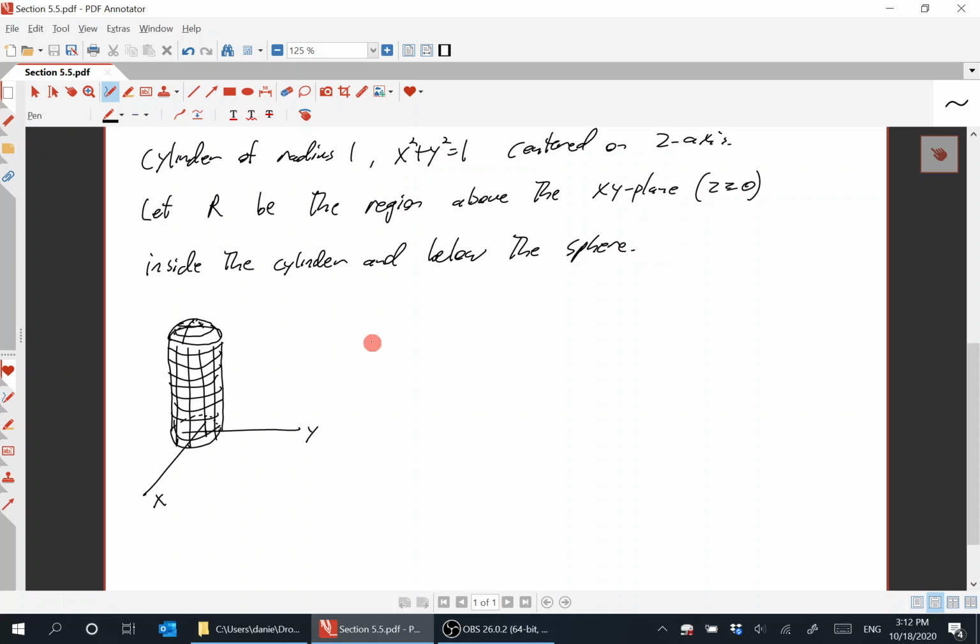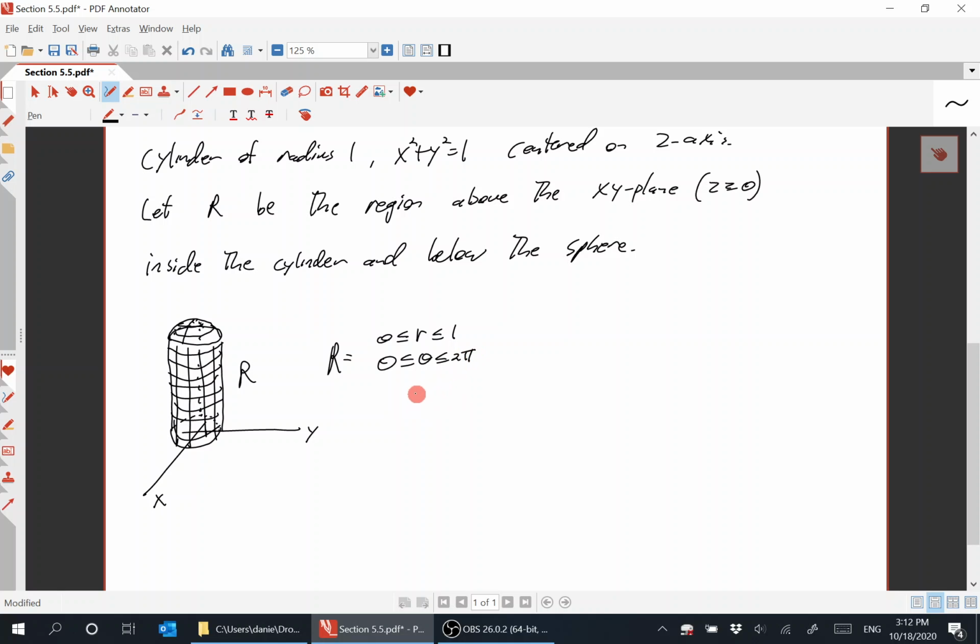So how would we describe this in terms of cylindrical coordinates? R goes from 0 to 1. The angle goes from 0 to 2 pi.